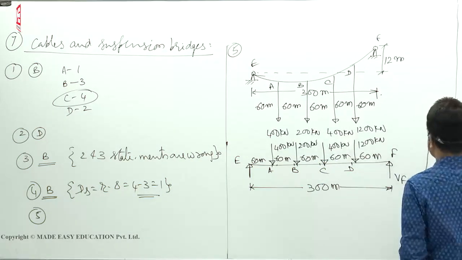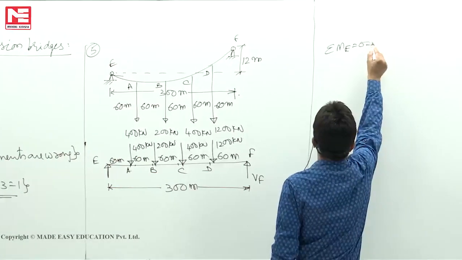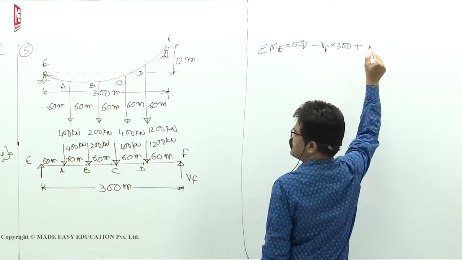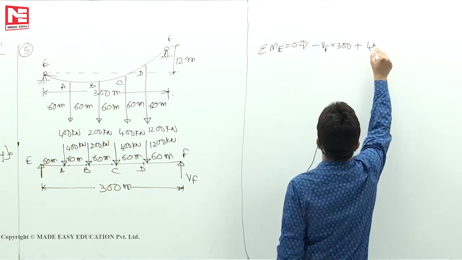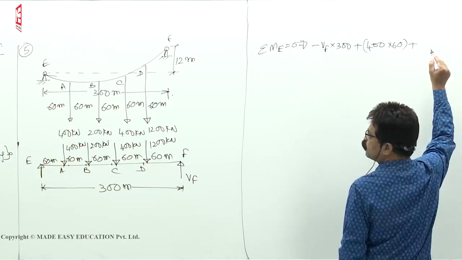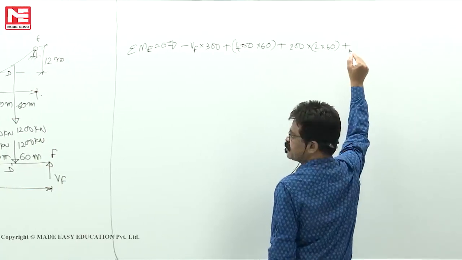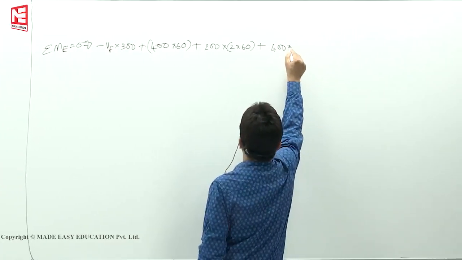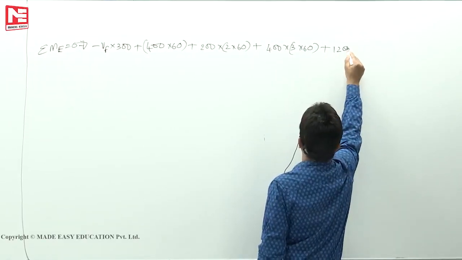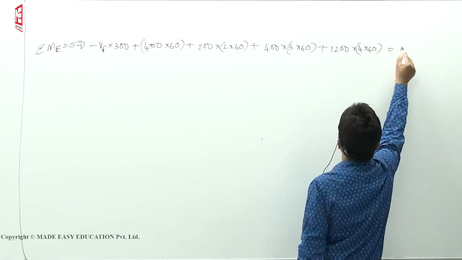When you find the reaction Vf, take moments of all forces about E equated to 0: minus Vf into 300 plus 400 into 60, plus 200 into 2 into 60, plus 400 into 3 into 60, plus 1200 into 4 into 60 must be equal to 0.